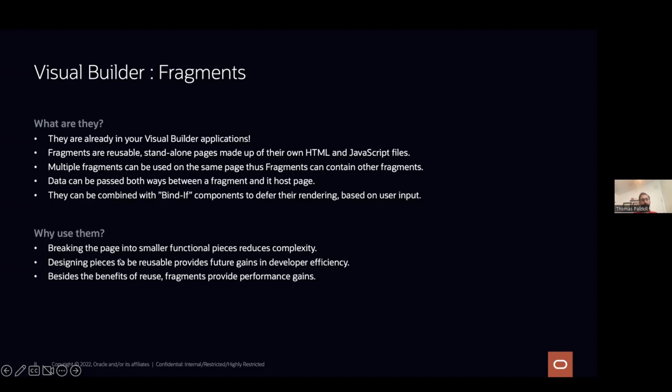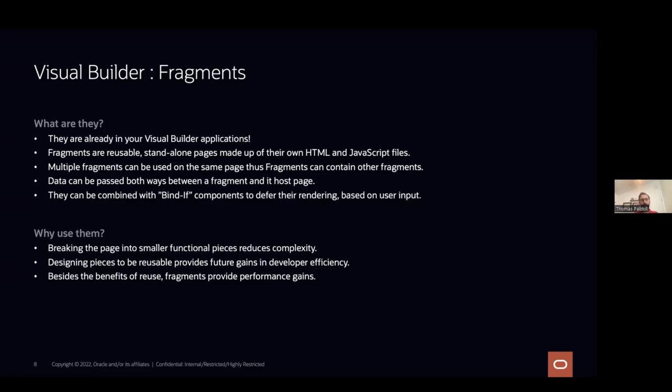So designing these pieces to be reusable provides future gains in developer efficiency. You can think about this anytime you're using, like, a Twitter or Facebook share bar. You don't want to develop that over and over again, right? And chances are that if you have developed those, you've taken it from somewhere, right? And so that's basically what a fragment is.